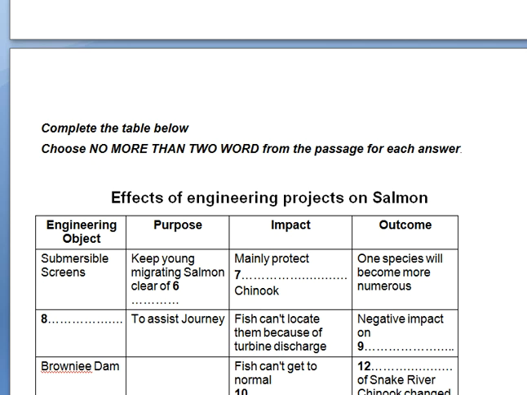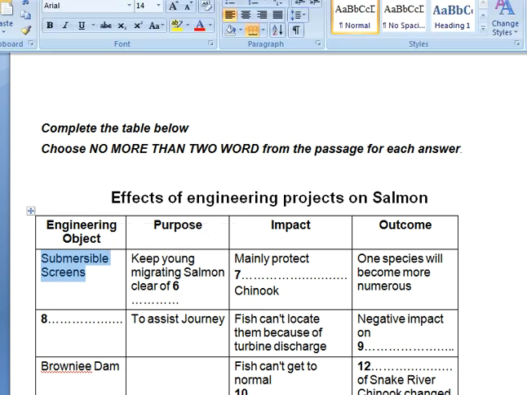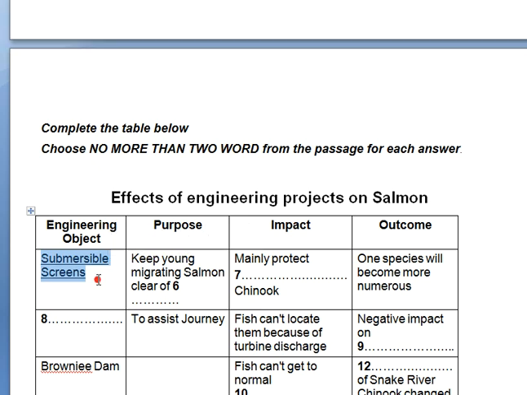So we have to choose one keyword. Here I am taking this one, submersible screens, as the keyword. Why is it a keyword? Because this is the name of an object. It can never be changed in the passage.